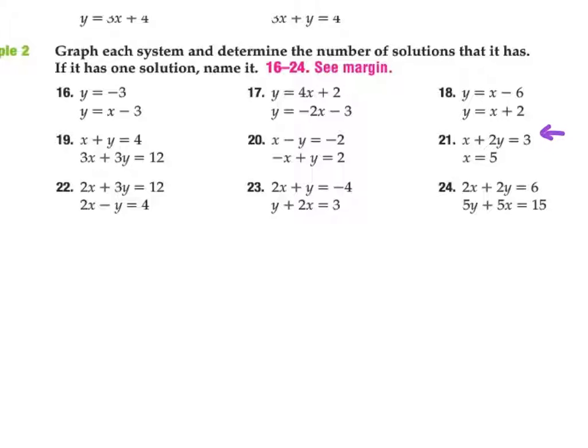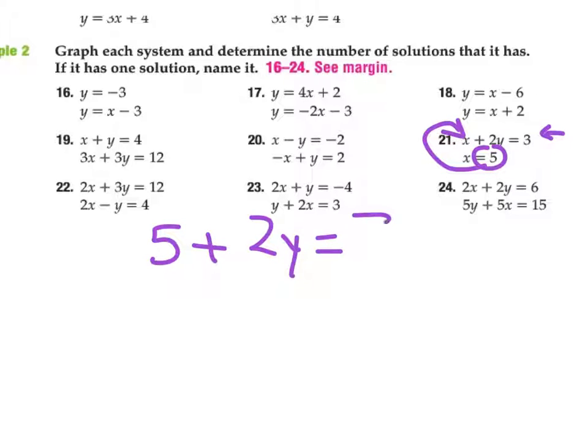So I know that the other one is not the same. So this one's pretty easy though. If I just take this 5 and put it right in there for x, I'm going to get 5 plus 2y equals 3. So again, that's substitution. That's the next lesson coming up. And so, I think all I have to do is 2y equals negative 2, and divide each side by 2.